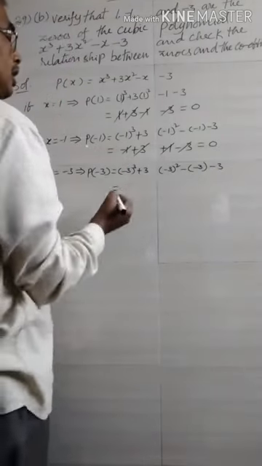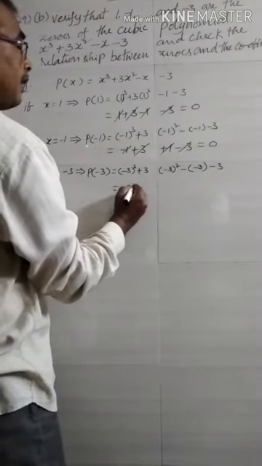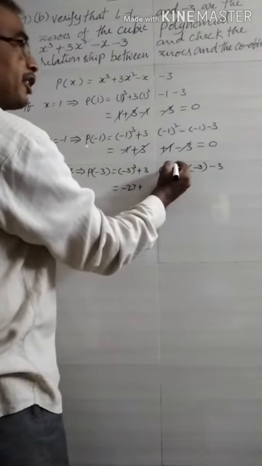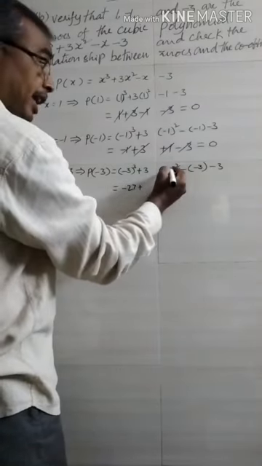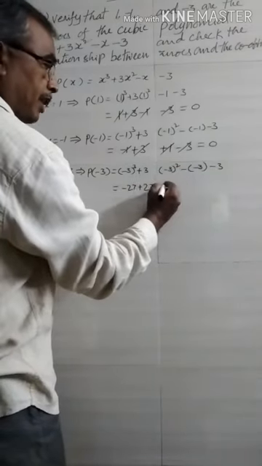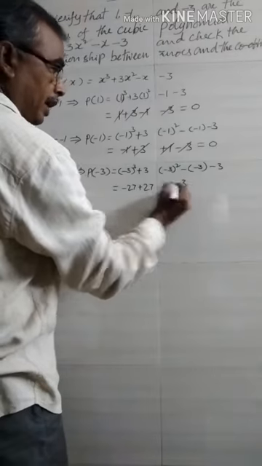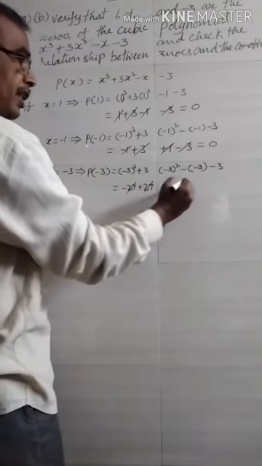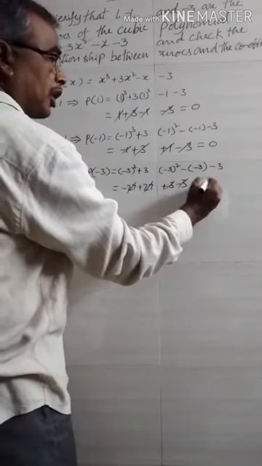Now we evaluate. Minus 27, minus 3 whole square means minus 3 into minus 3, 9, plus 9 into 3, 27, minus into minus plus 3, minus 3. Now you may observe here minus 27 plus 27 cancel, plus 3 minus 3 cancel. Now here also you get 0.